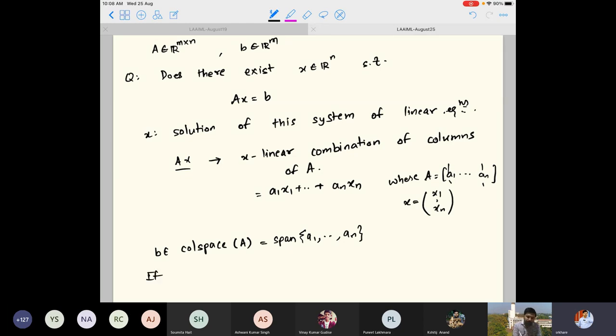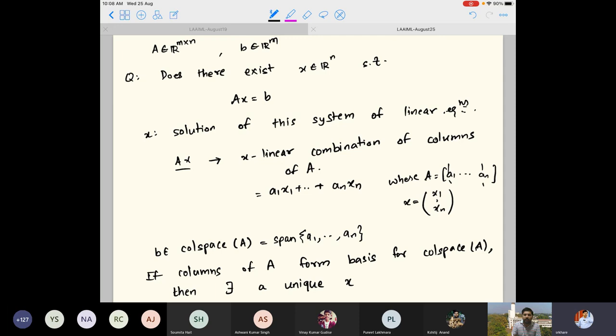So if the columns of A form a basis for the column space of A, then there exists a unique X, a unique linear combination, because every vector can be written as a unique linear combination.